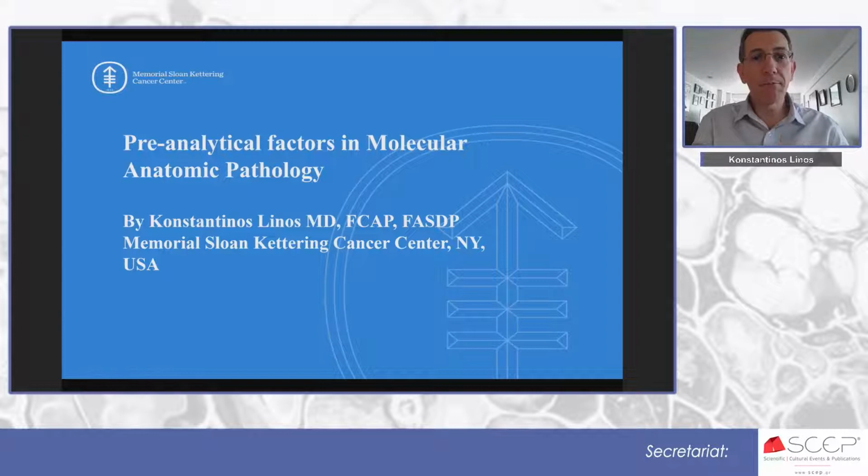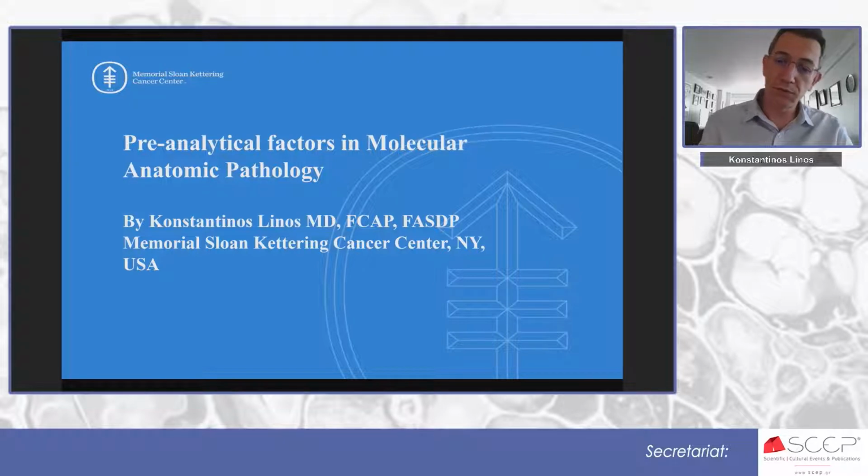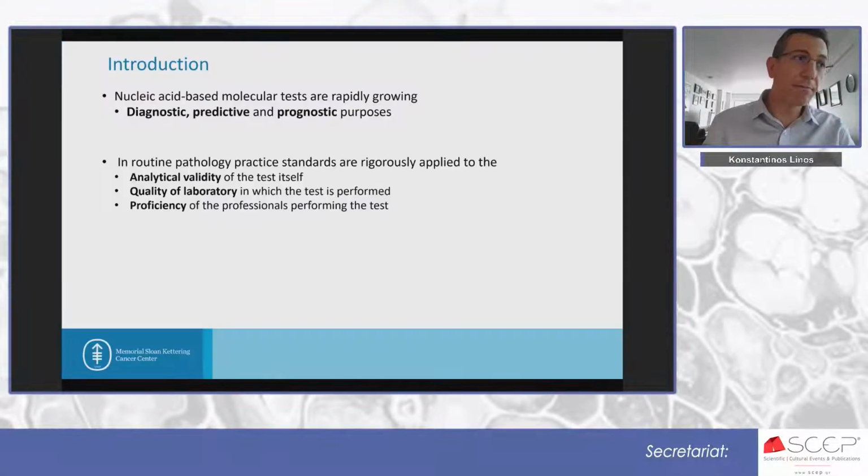You're not going to get results that are meaningful or that you can trust. You may be working on results that are rubbish, or you may not get the results the patient deserves, because they are there, but you can't prove it since pre-analytical factors have not been controlled. So that is very important.